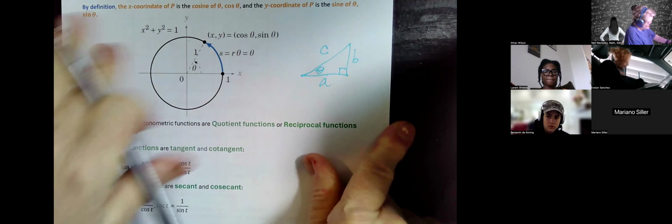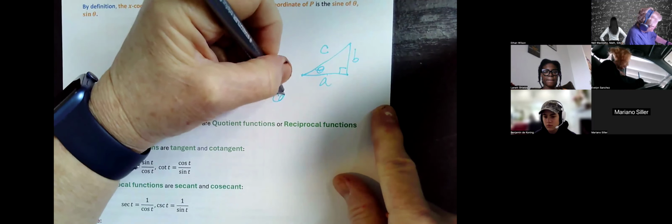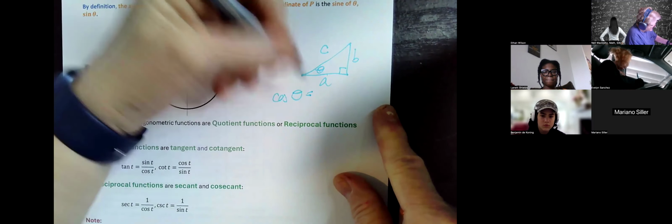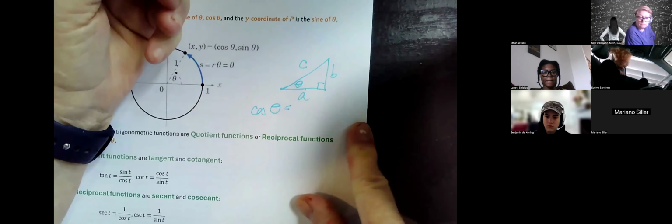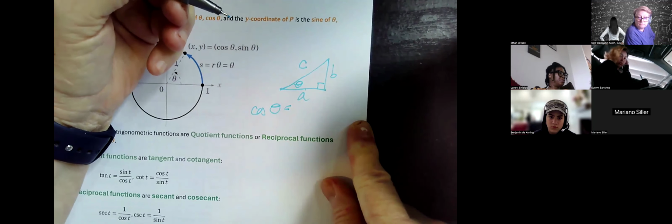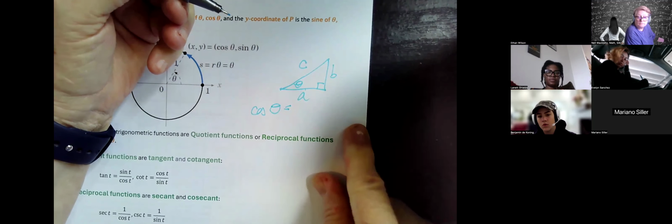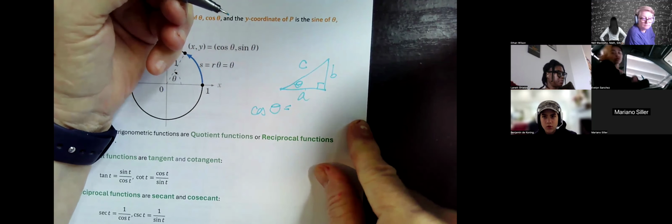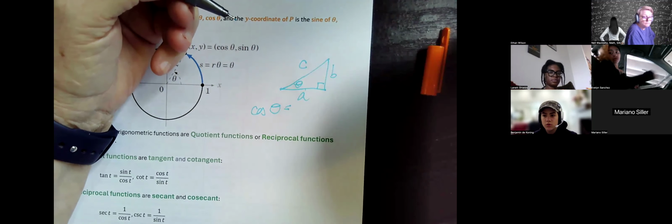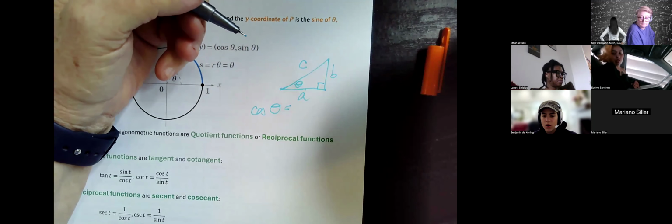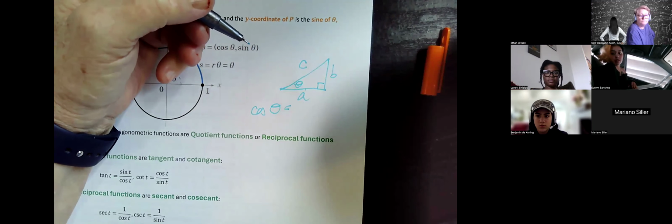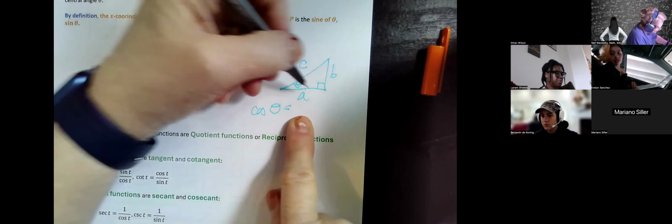We said that the cosine of theta was adjacent over hypotenuse.